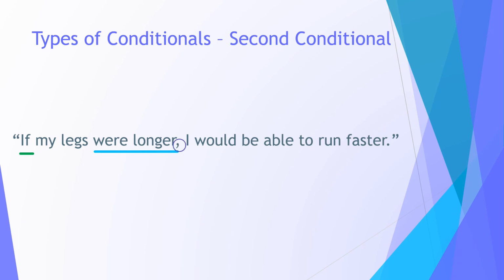And then again, we've got another comma, because commas, as we've said, are really important. And then, like we had with the first conditional, here we have I, or any pronoun, plus would, okay, for the second conditional. And then another bare infinitive, which in this case is be able, and then the rest of the sentence.